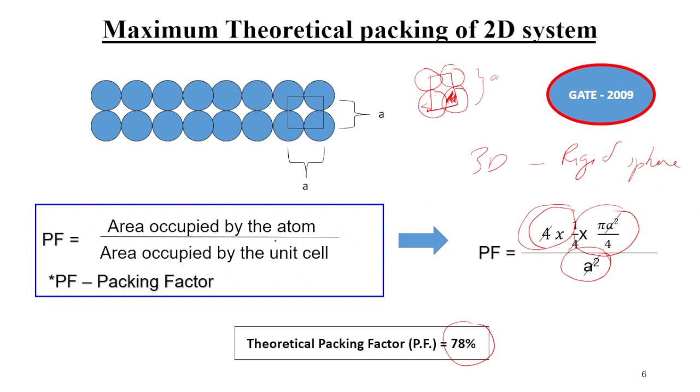So we want the area occupied by the atoms in the unit cell. The unit cell is actually an imaginary term. Based on the pattern that is available to us, we are creating these unit cells. We can assume here that a group of 4 atoms constitutes a unit cell, but not 4 atoms entirely.